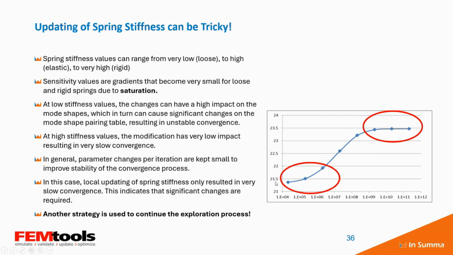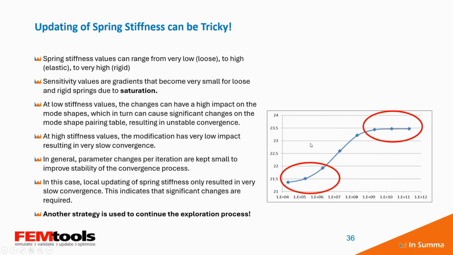At the low end, where the spring is very soft, the impact of stiffness changes can be very high. I mean, consider a structure that is free or is constrained, the mode shapes will change dramatically. So making changes in this case can destroy our mode shape correlation very quickly.